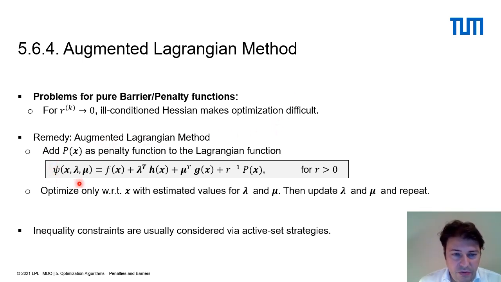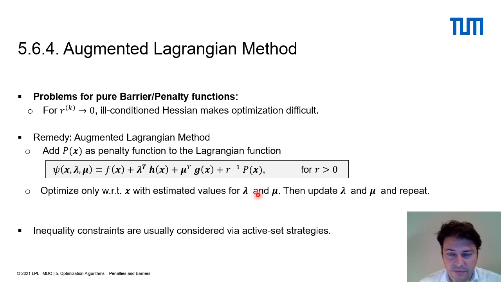You add to the augmented objective function first the objective function itself, your terms that are also part of the Lagrangian function with Lagrange multipliers, and a penalty term. And then you optimize with respect to x only. So you do not treat lambda and mu as design variables. You optimize with respect to x for estimated values of lambda and mu.